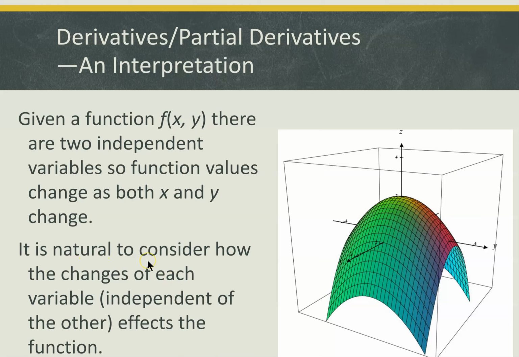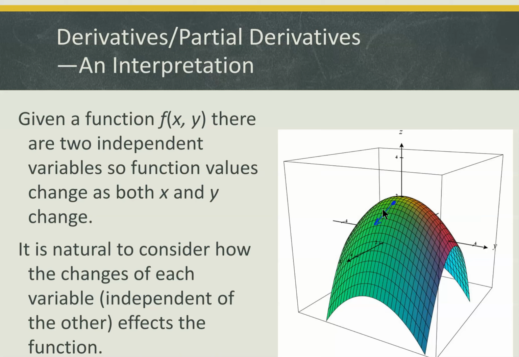So it is natural for us to consider rates of change, but there's not a single variable at this point. We now have a function of two variables, so it would make sense or seem natural to consider rates of change with respect to each variable. So for example, I could consider what is the rate of change at this point in the direction parallel to the x-axis, or in the x direction.